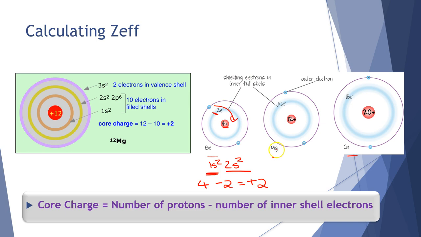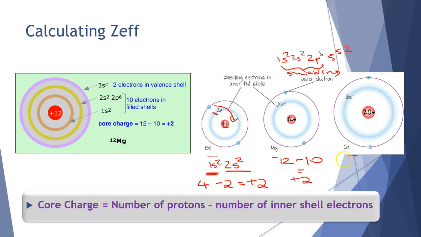If we look at magnesium, we have an atomic number of 12. It's going to have 1s2, 2s2, 2p6, 3s2. So these now become my shielding electrons. I'm going to have 12 minus 10, which is +2.